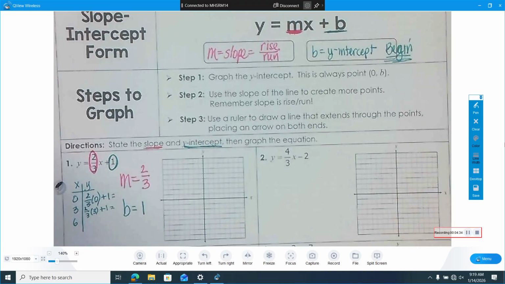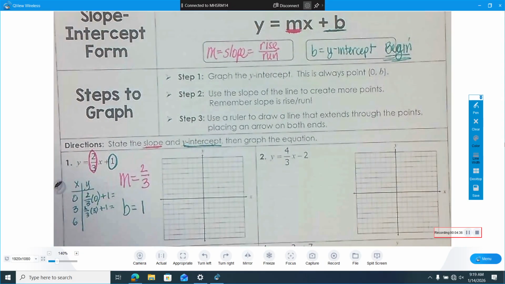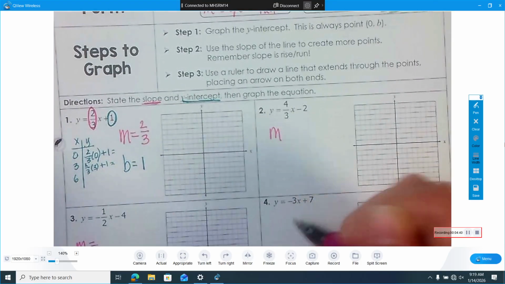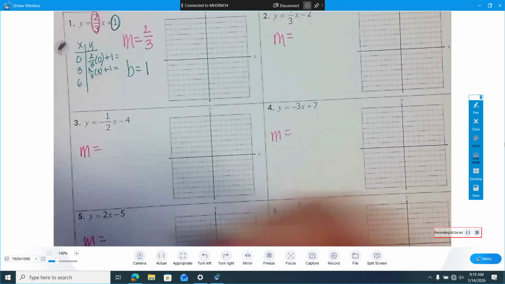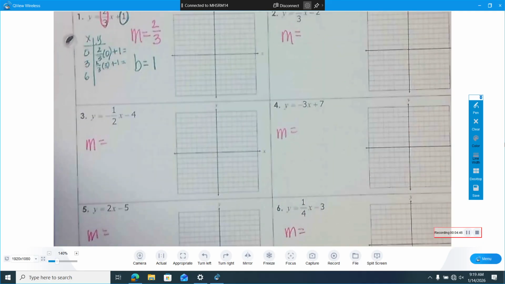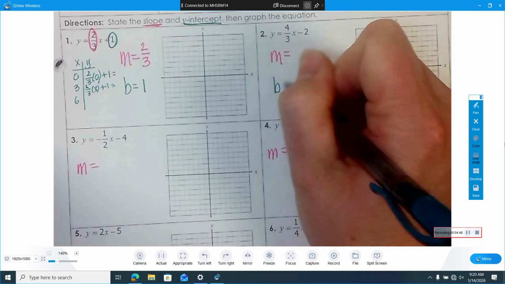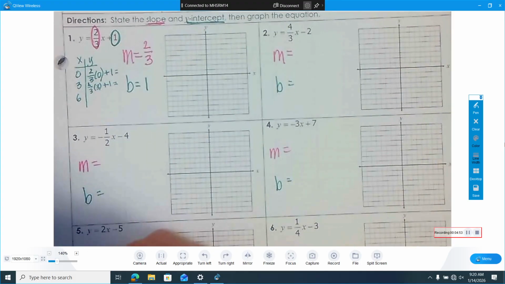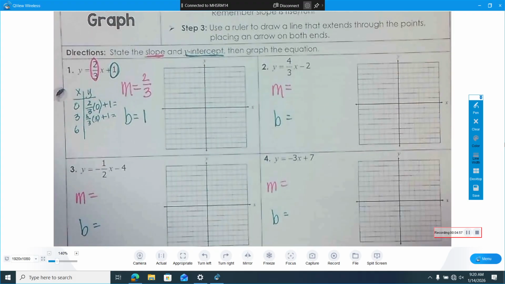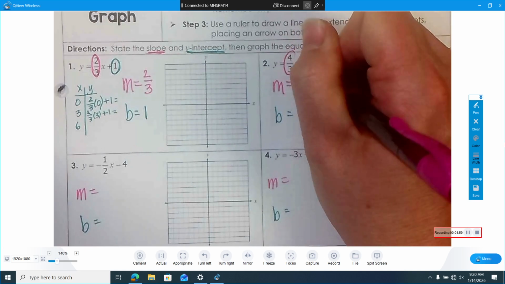Will you please identify the slope and the y-intercept for each of these? So we want to know what's the m and what's the b. If you want to circle all the m's in one color and then circle all the b's in the other color and then write them in, that'd be great. Let's see, here's my m here.